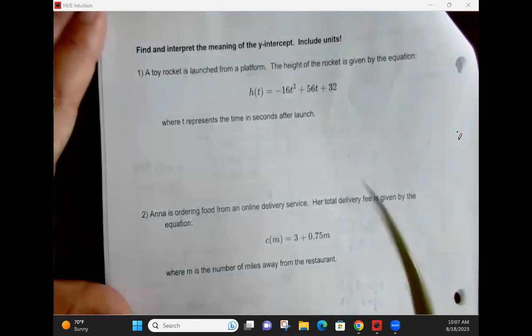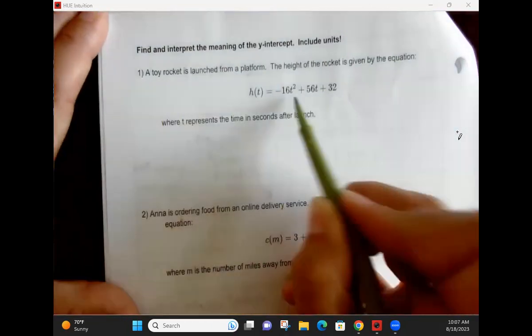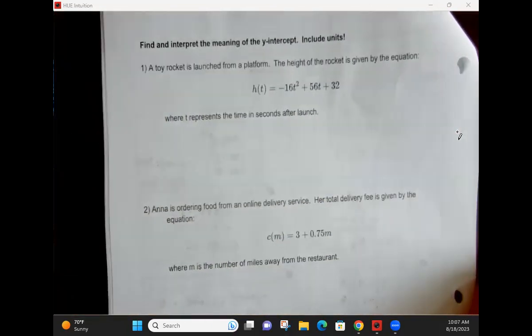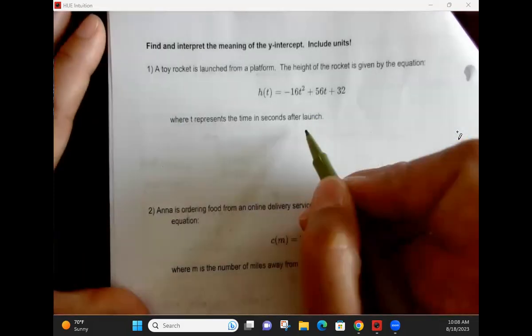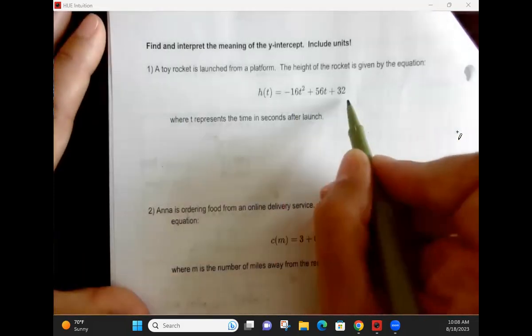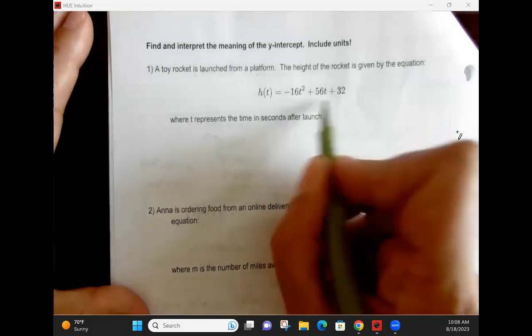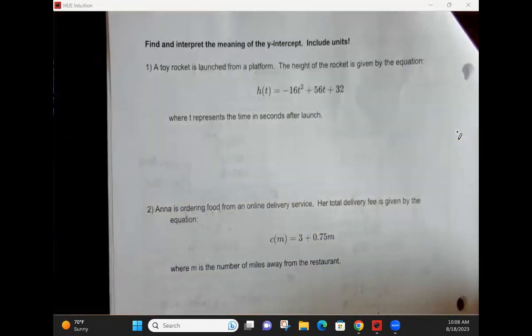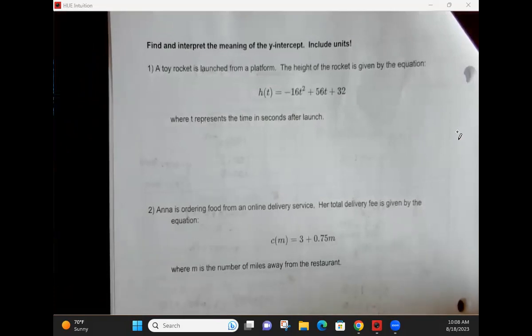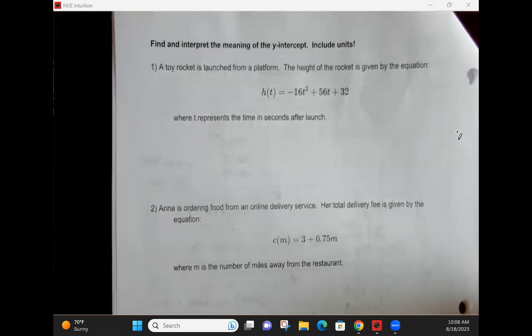For number one, we have a quadratic here. 9 times out of 10, if you're looking at an application of a quadratic, it's going to be some sort of projectile, something going up and coming down. In this case, it's a toy rocket we are launching. And its height, as a function of time since its launch, is represented here, okay? So I want you to find the y-intercept and then tell me what it means.